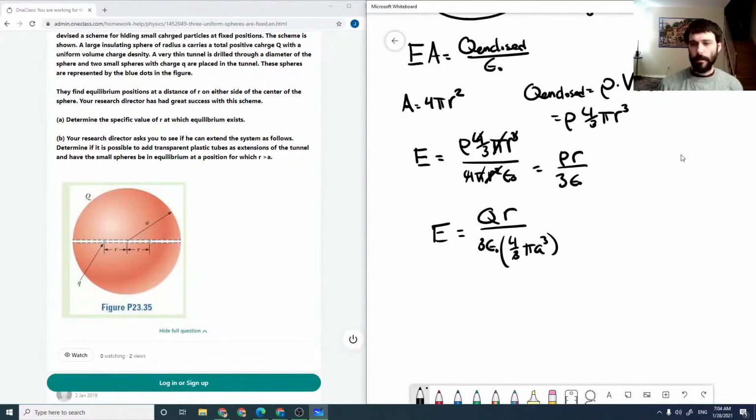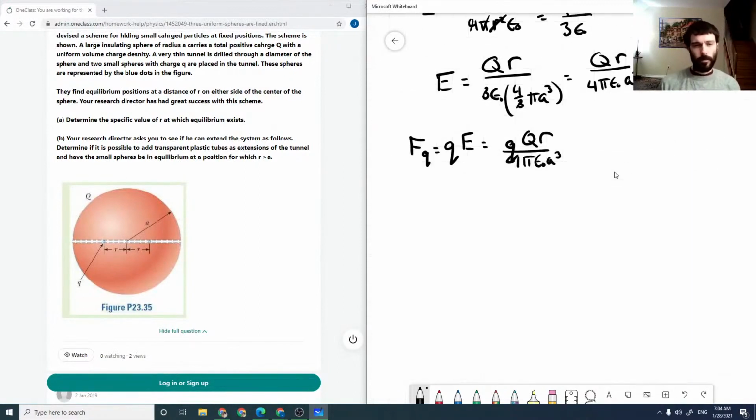So the 3's will cancel, and we get Q r over 4 pi epsilon naught a cubed. That's our electric field at a point r. Then our force on a charge q is just qE, so that'll be Q q r over 4 pi epsilon naught a cubed. So that's our force on a charge.